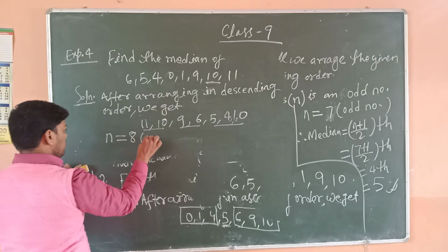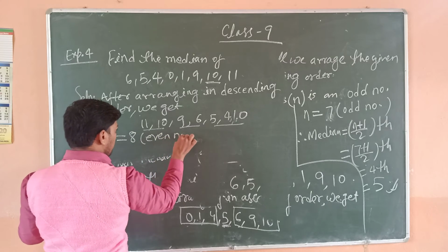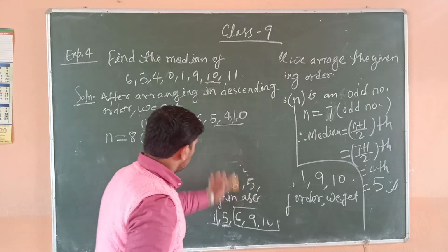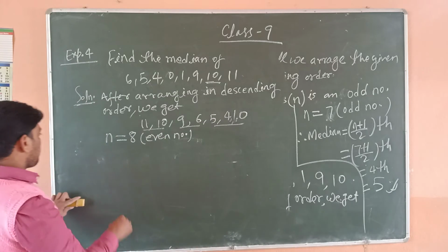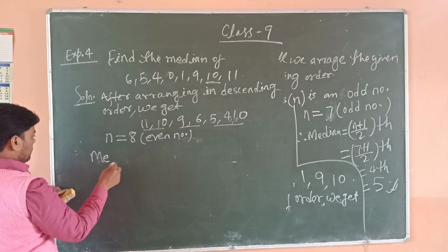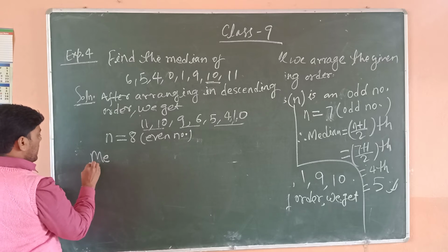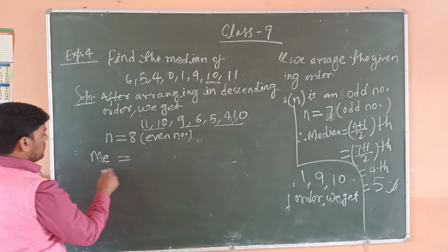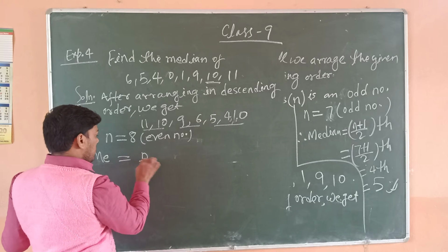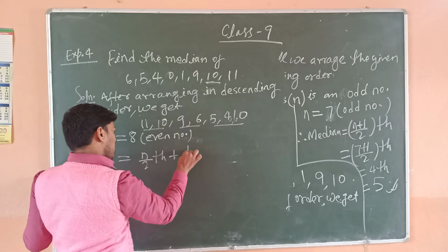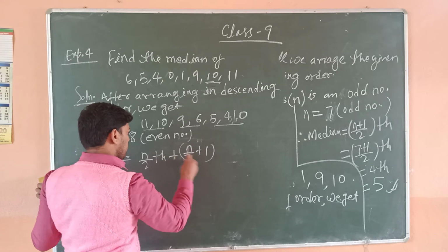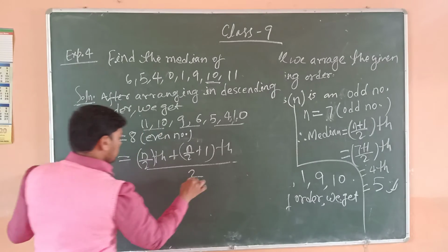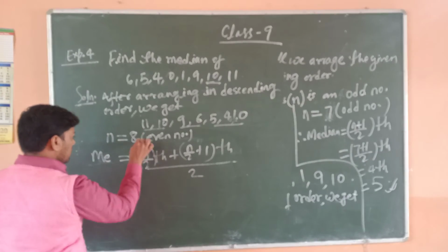n is equal to 8 and it is an even number. So median, which is denoted by ME, is equal to the (n upon 2)th term plus the (n upon 2 plus 1)th term, divided by 2.